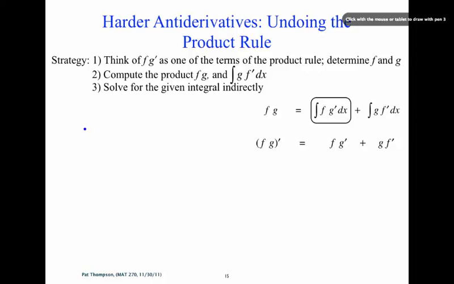Integral of r cubed over... Okay, so my first question is, could this be undoing the chain rule?